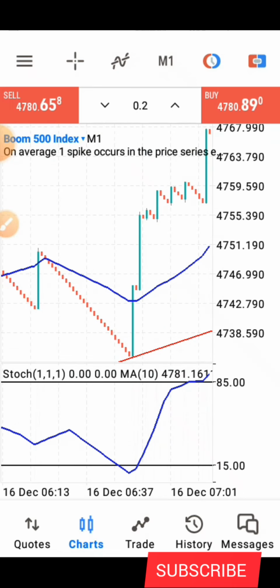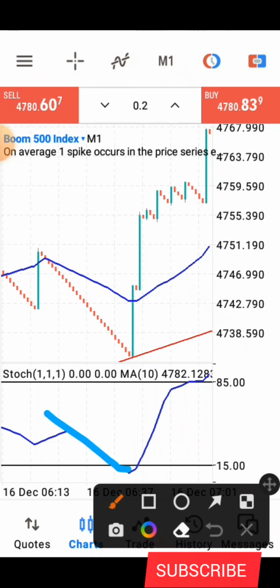So normally whenever it gets to this area, I don't take any entry, because you know how this thing works, it might still continue going down and it will not spike, right? So I always wait for confirmation, and here is what I do. I will wait for it to get to the overbought level or the trend line, then I'll wait for a spike.